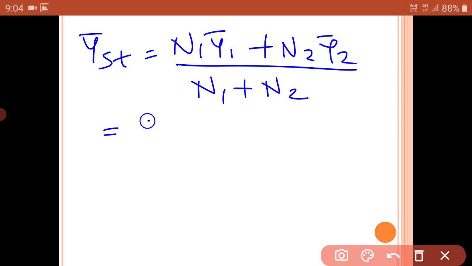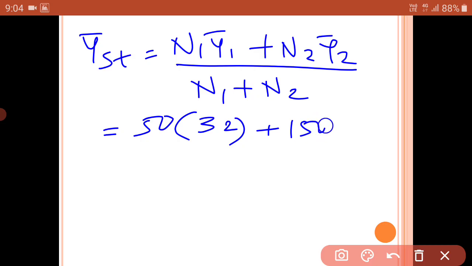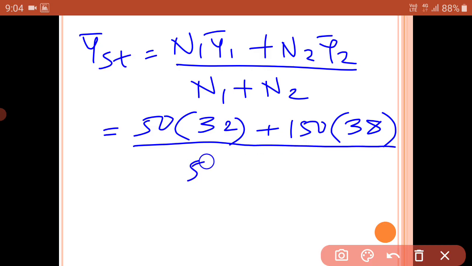Here capital N1 is 50 and y bar 1 is 32, plus capital N2 is 150 and y bar 2 is 38, upon 50 plus 150. 50 into 32 gives 1600.